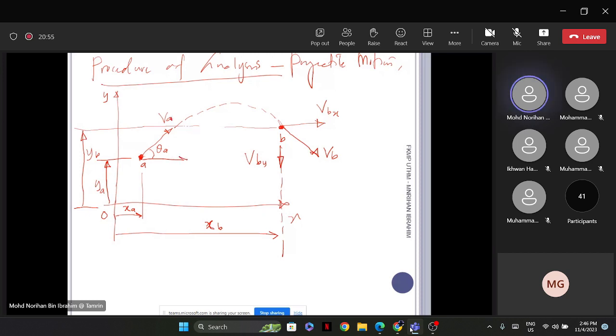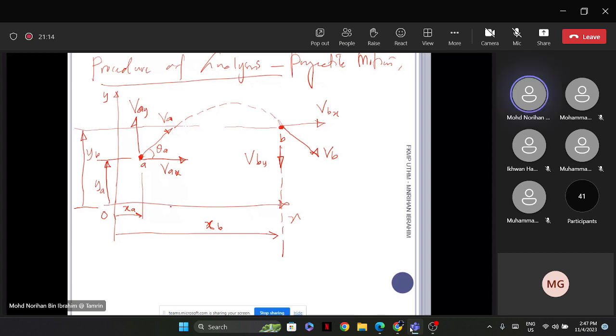If we break it down into the components of x and y, we're going to have VAx and also VAy.